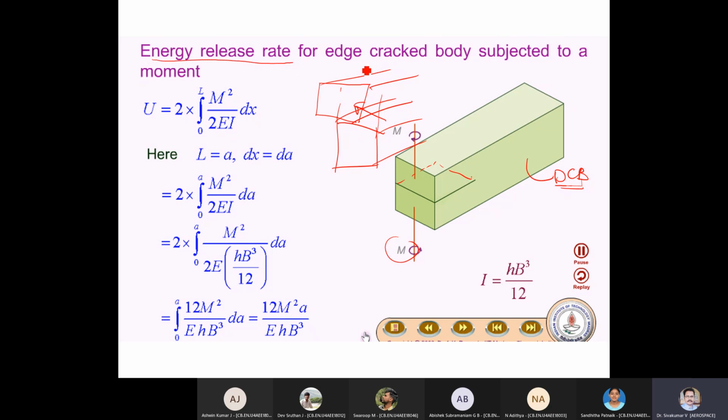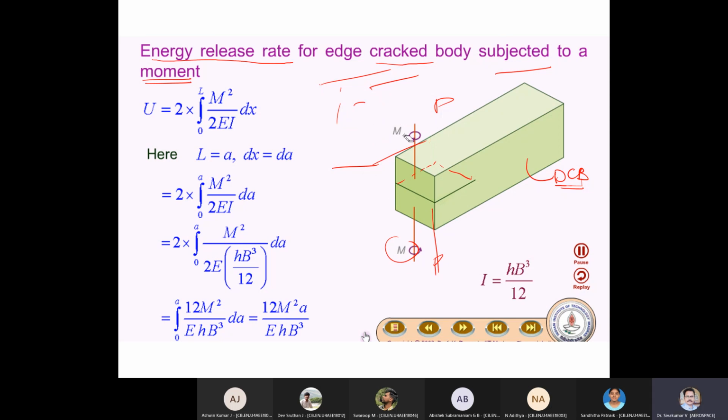Energy release rate for a cracked body subjected to a moment. Earlier we were applying force on the DCB specimen. Now it is a moment, and it becomes the third mode. Once you apply a moment, tearing will happen, then it will be the third mode.